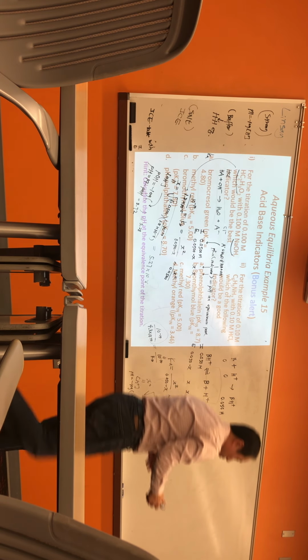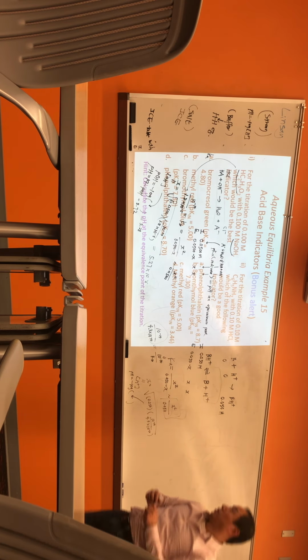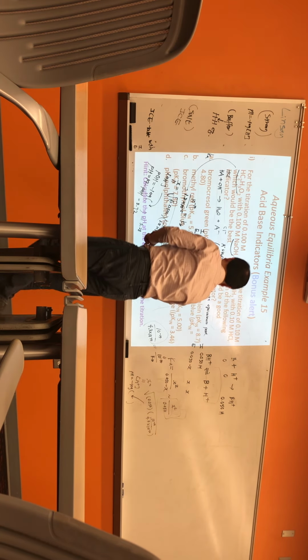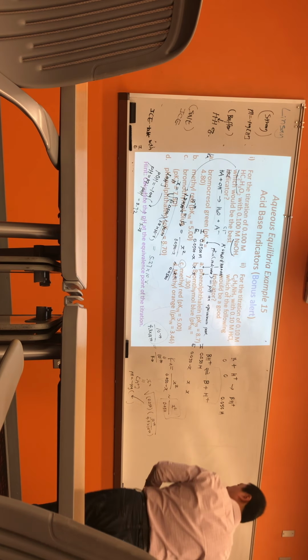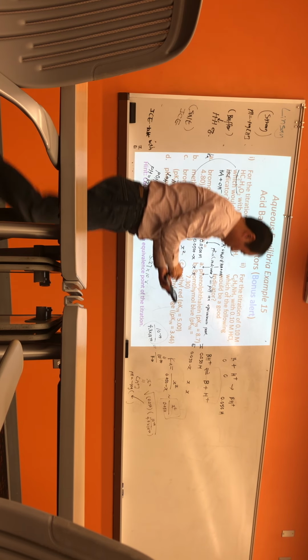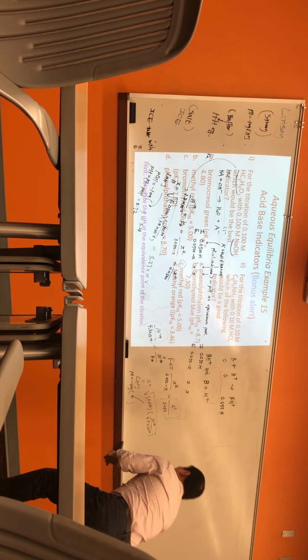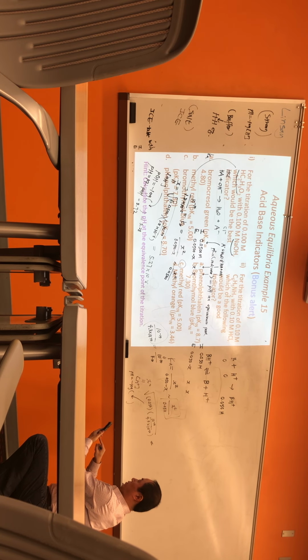So which indicator do you choose then? Inside the square root, 0.05 divided by 4.3.